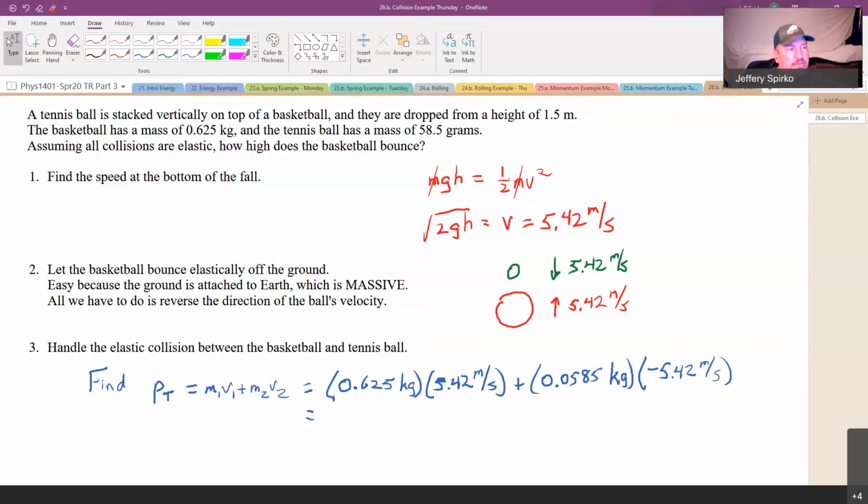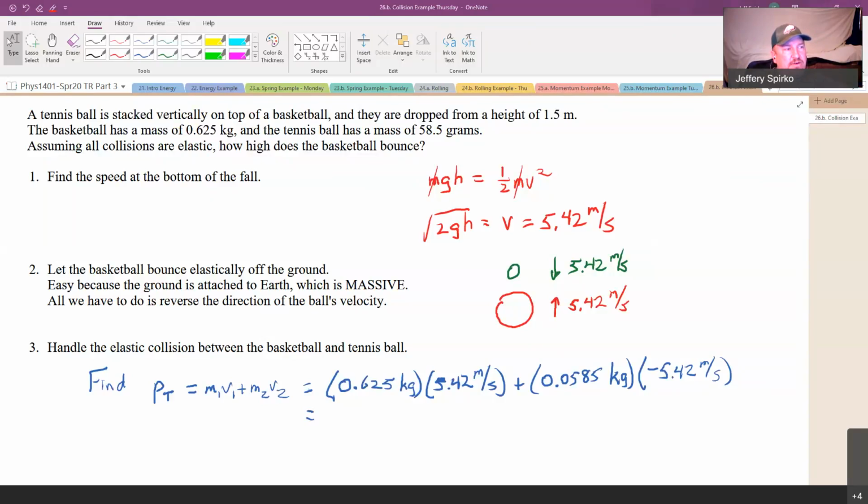And I have to put in my m1 is 0.625, m2 is 0.0585, and v1 initial is equal to the velocity plus 5.4221766685, and v2 initial is equal to minus of that initial velocity.